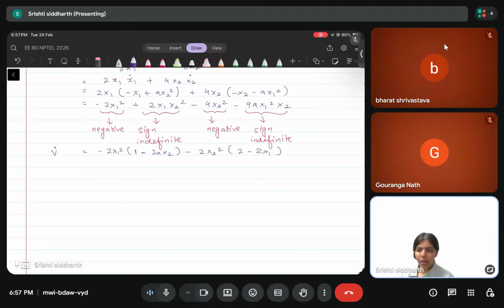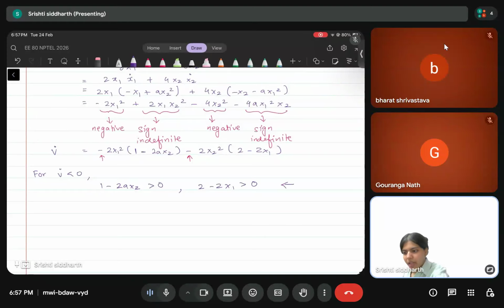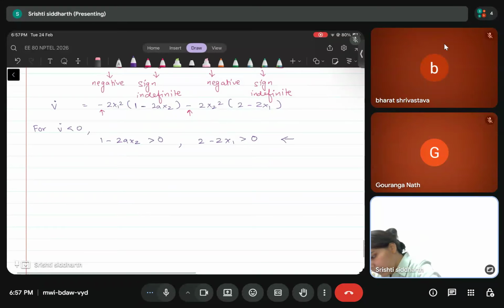Now we have to prove asymptotic stability. So V dot should be less than 0 for non-zero x. So observe that we already have negative signs here. So for V dot to be negative, 1 minus 2ax2 should be positive and 2 minus 2ax1 should be positive. So observe that we are talking about asymptotic stability and not global asymptotic stability. So these two inequalities help us to define the region D in which V dot is negative. So let's see.